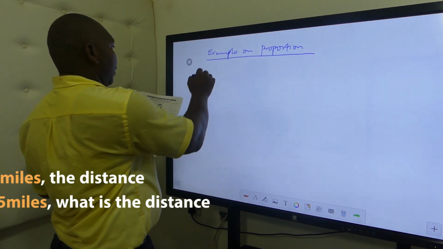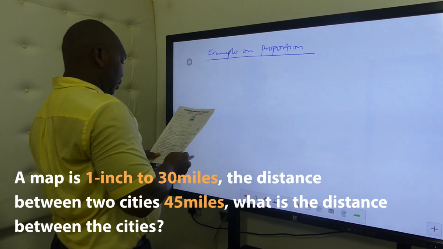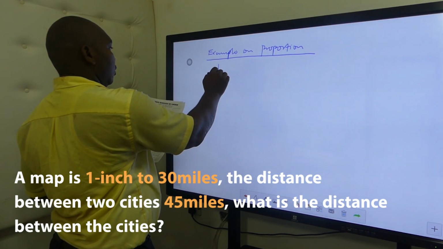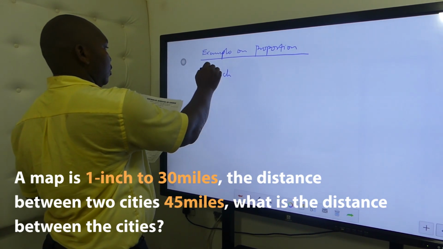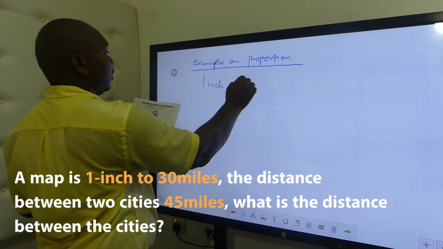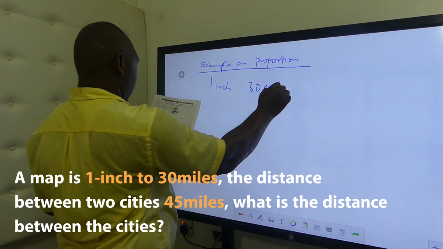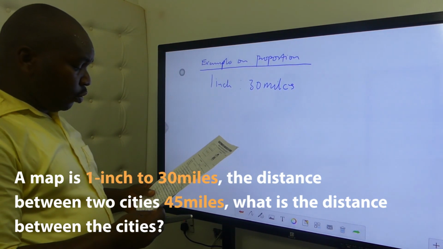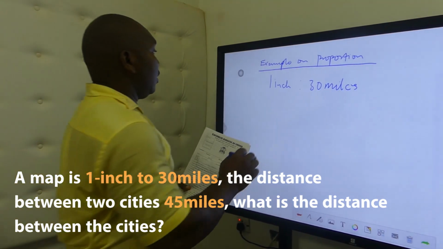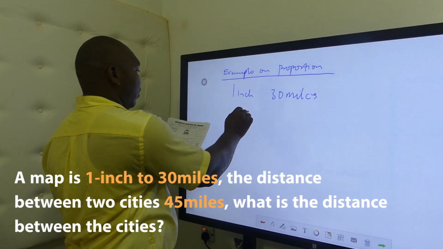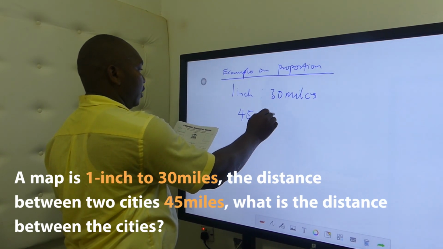A map scale is 1 inch to 30 miles. The distance between two cities is 45 miles.